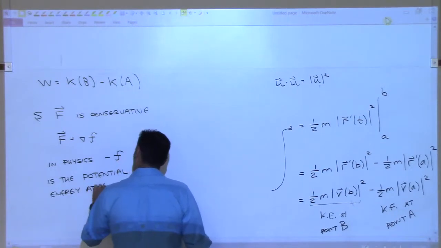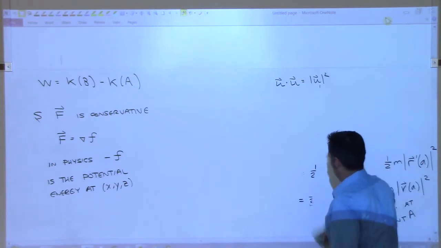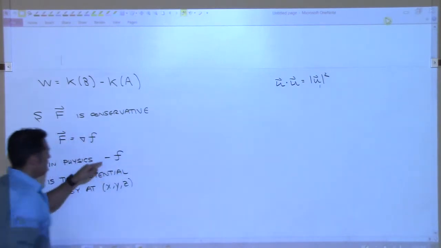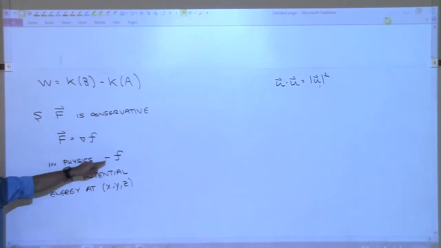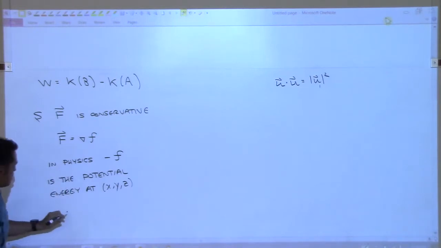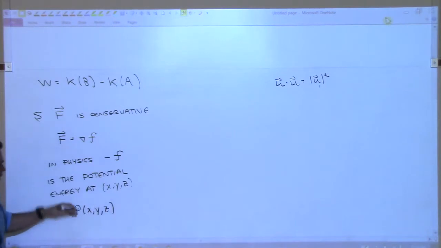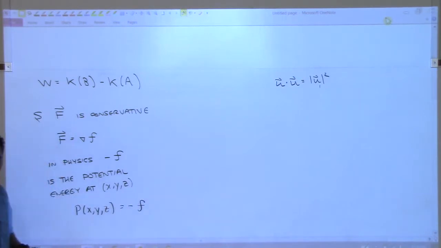So in physics, we define potential energy to be the negative of this scalar function f, that when you take its gradient, you get the field. All right? You okay with that? This is more of a definition than it is anything else. So in physics, they'll call this potential energy of X, Y, Z. That's what they call it, P of that. So for us, that's negative F, all right?